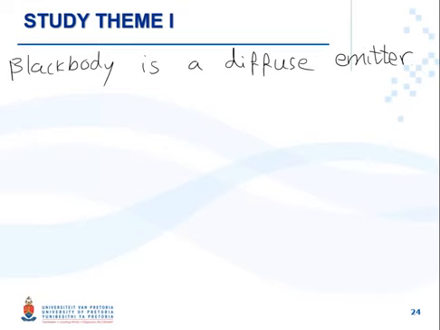But what does it mean, diffuse emitter? First we need to speak about radiation isotropy.